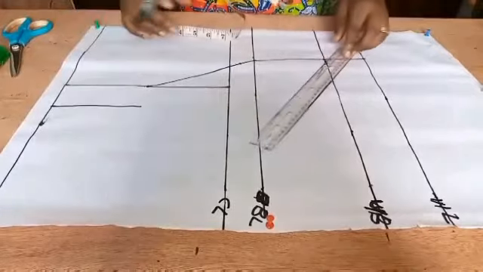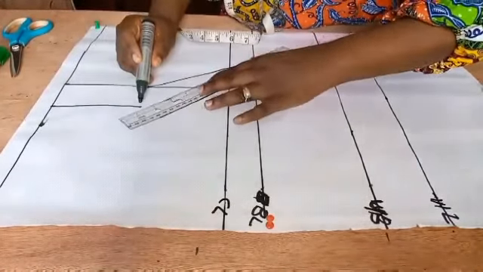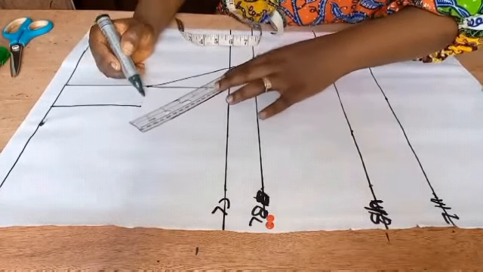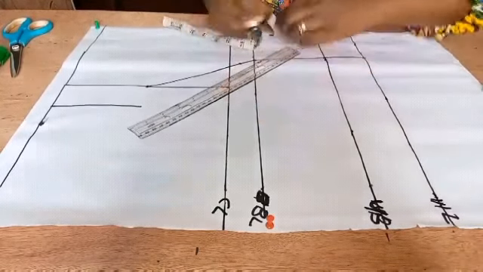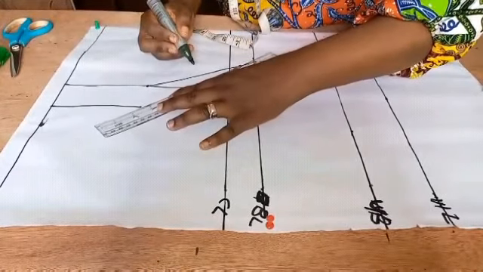Now we join this 4.5 that we measured here with this new bust point that we measured upward. This point and this point, you join together.